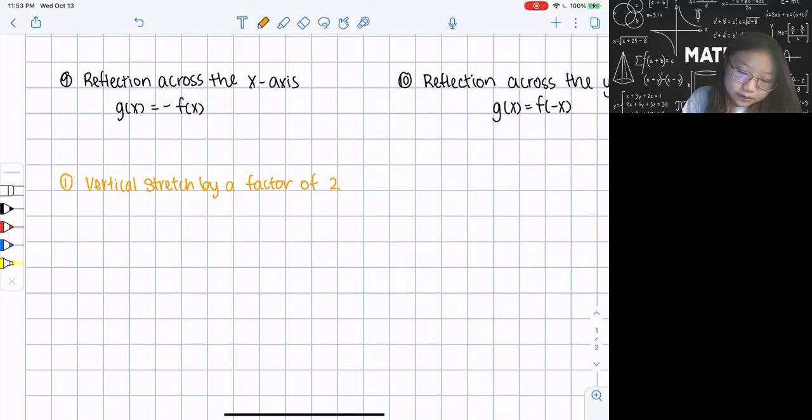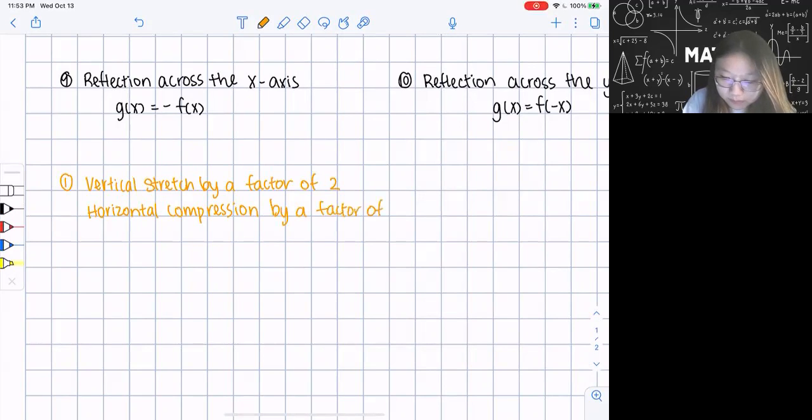Then my second step, I'm gonna do a horizontal compression by a factor of 1/3.